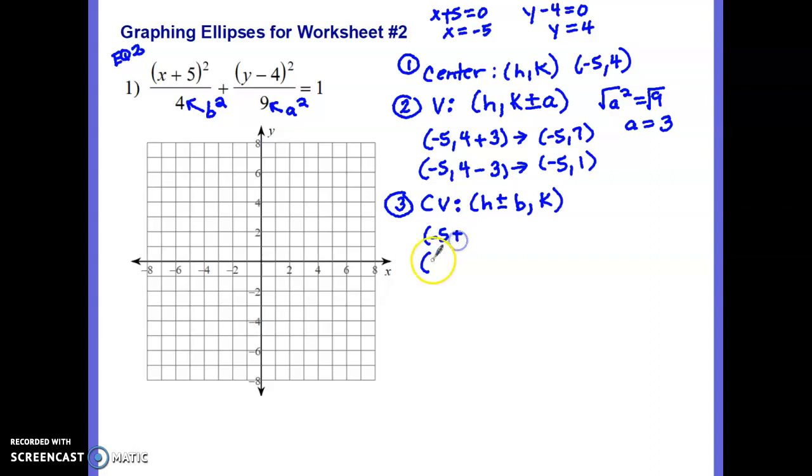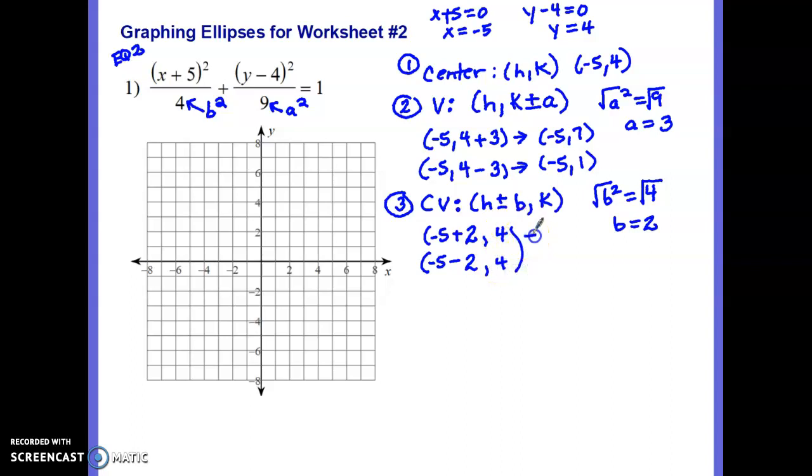It's going to be plus or minus, and we need to figure out what b is. So b squared is 4. If I take the square root, b is going to be 2. Since b is 2, I'm going to plug that in, comma, and then whatever k was, which we know is 4.